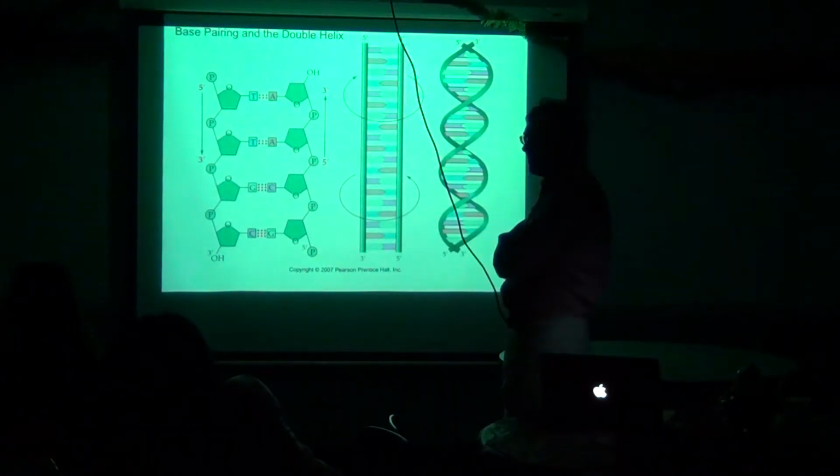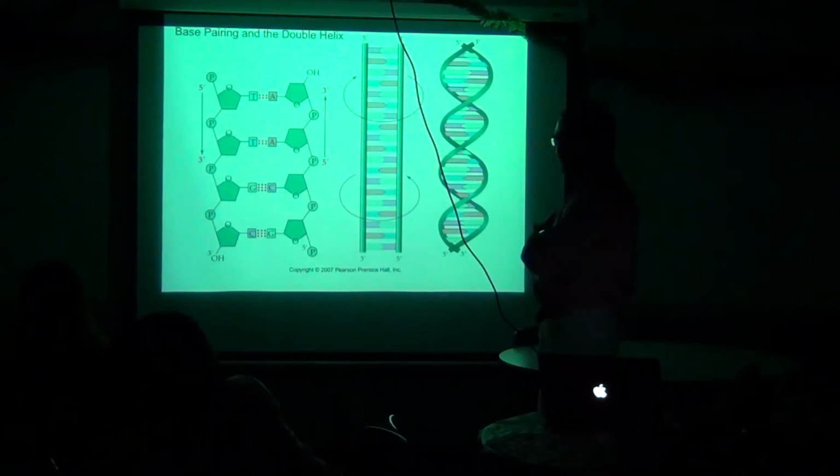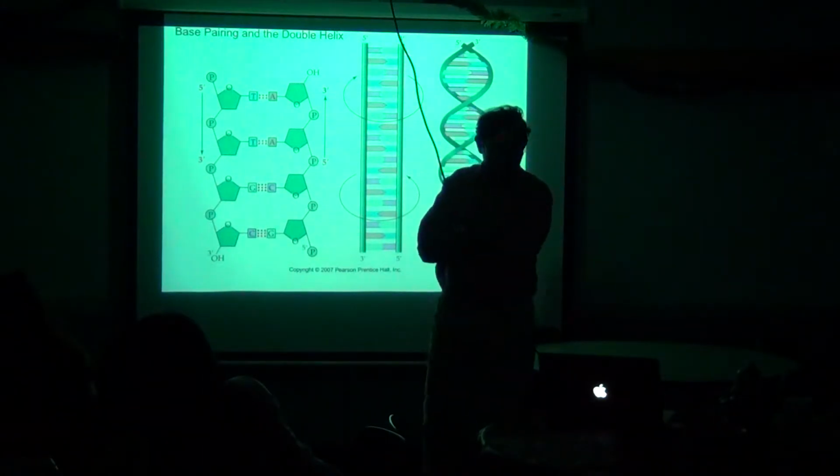Or in the double helix, since they're made of 2 strands, one is going one way and the other is going the other way, that's what's causing the twisting. Good. It's good to think, but the actual reason is very simple. I'll tell you the reason.